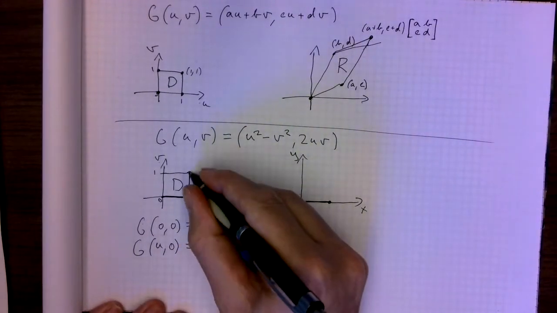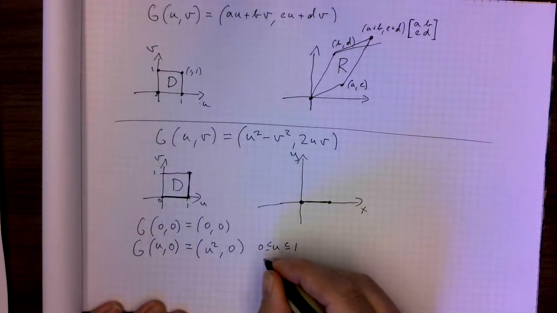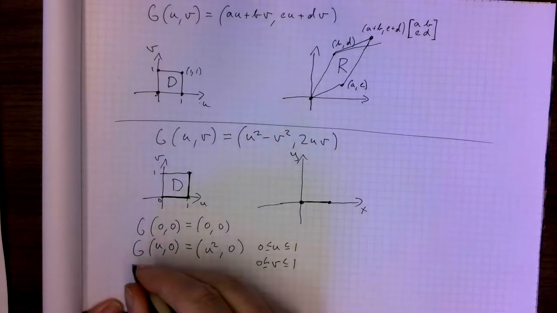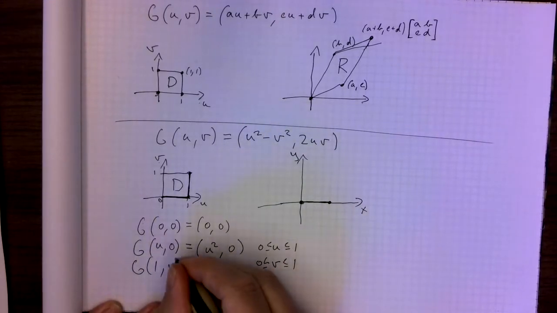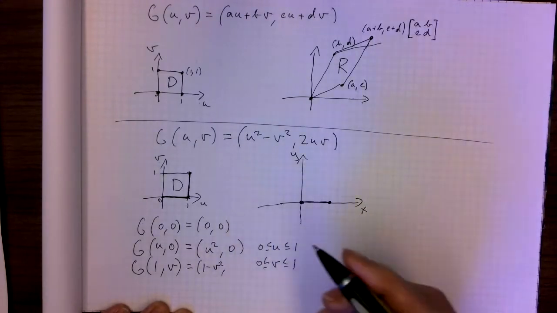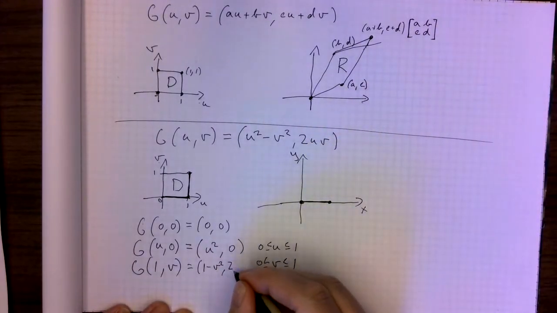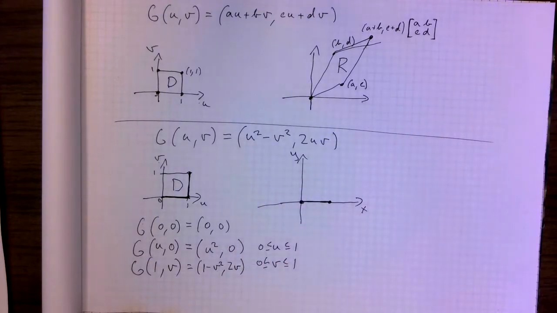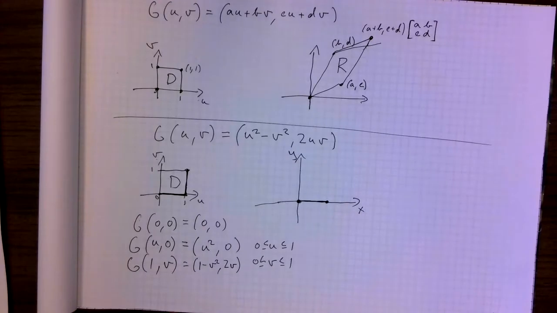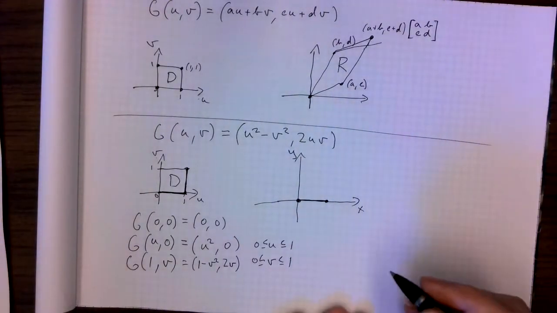Okay, how about this guy? This is when U is 1 and V is between 0 and 1. So we're looking at 1, V, and so this is 1 minus V squared, and when I plug in U equals 1 here, I just get 2V. Well, let me do it instead of just talking about it.